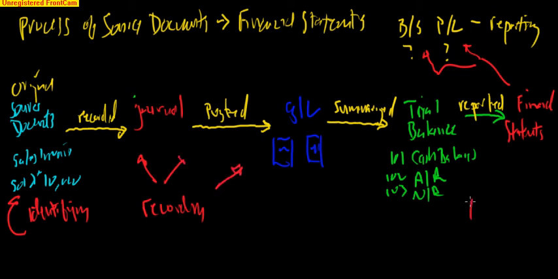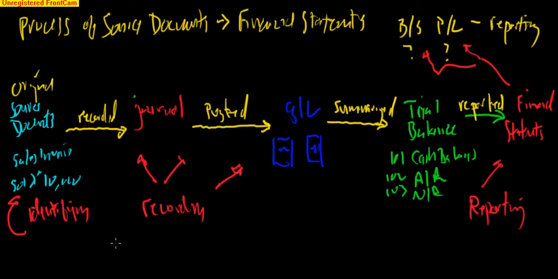And then what? Reporting. That's this. See how they all come together? We've identified this as a transaction. We've recorded it in the journal. We've posted it to the general ledger. We've summarized that in the trial balance. And in the trial balance, we have reported financial statements based upon what's in our trial balance.